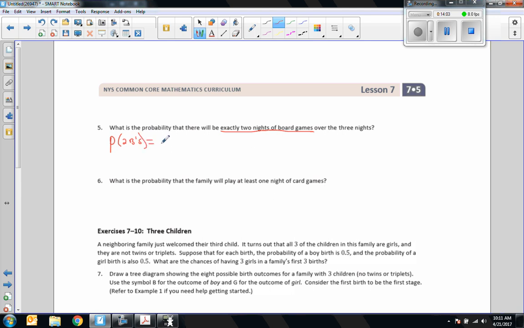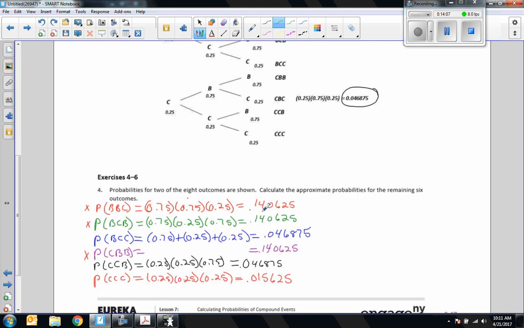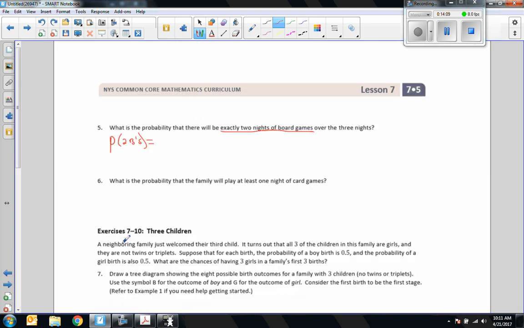Probability of having 2 B's equals, and going back to the last page, 0.140625, 0.140625, they're all equal, so it's going to be just 0.140625 added 3 times.